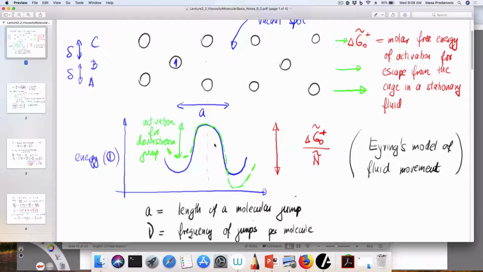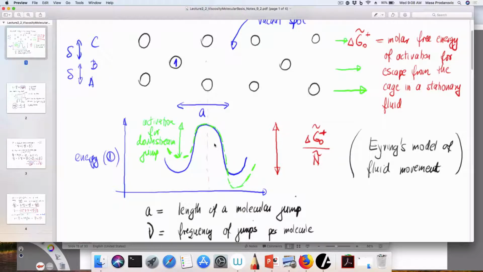That shear force acts on all of them, but that's going to make it more likely for a molecule to have this energy, because I'm getting some energy from below. This force is doing work on a little box of fluid, so there's some extra energy put into that box. That energy makes it more likely to jump downstream along with the flow, and a little less likely to jump upstream.